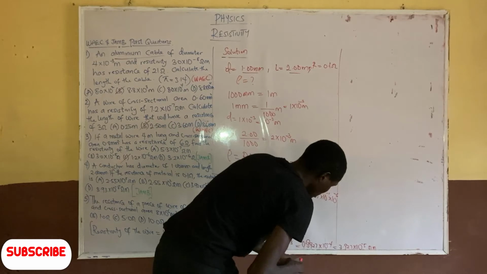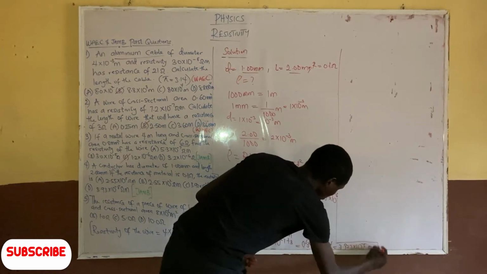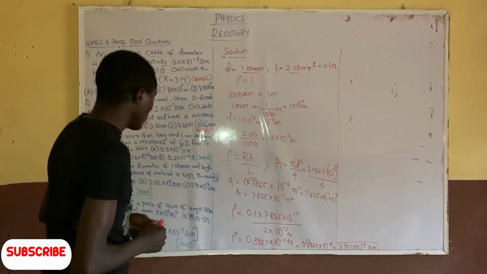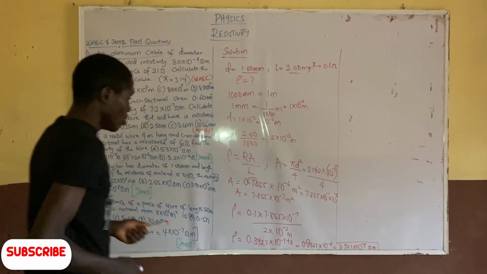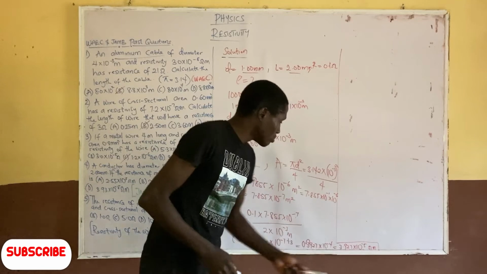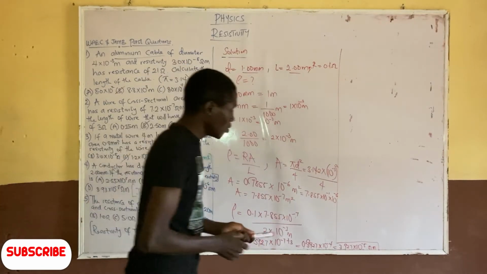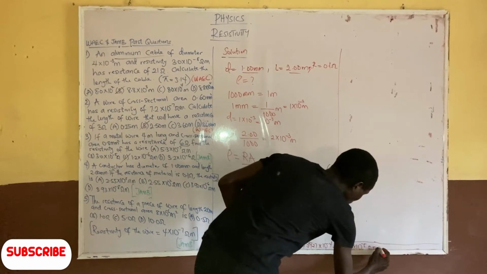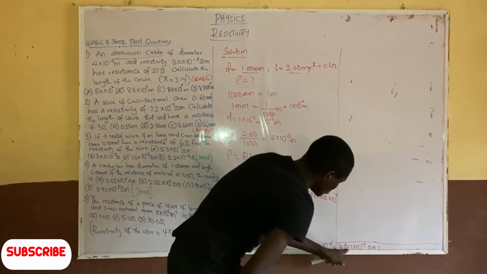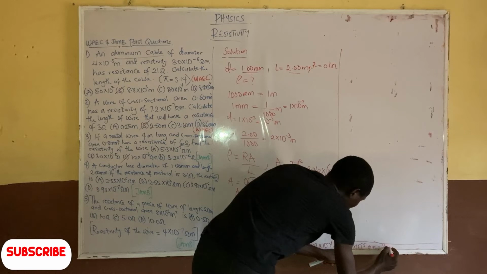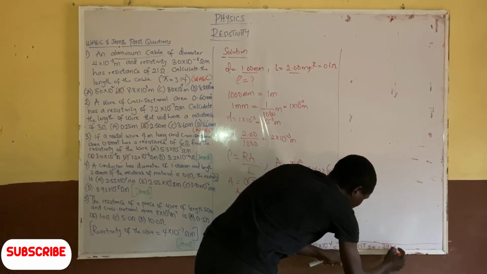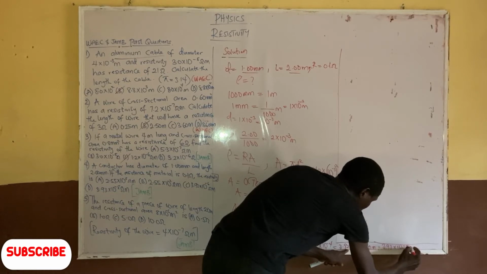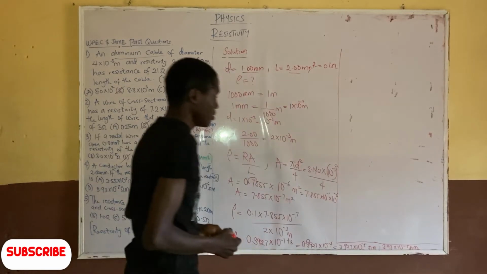Please, that's the unit of resistivity. So that's the answer for that: 3.927 times 10 to the power minus 5 ohm meter. When you approximate this to 2 decimal places, it is 3.93 times 10 raised to the power minus 5 ohm meter.